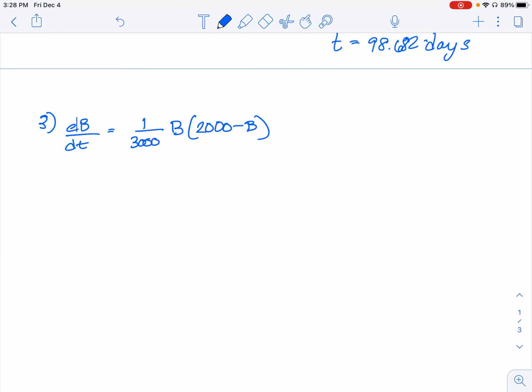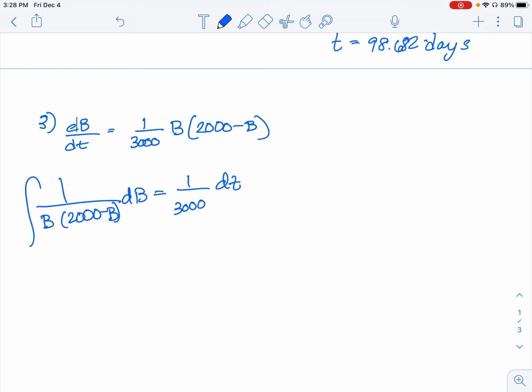And if you separate, and actually I'm going to rewrite this, this is going to be 1 over B times 2,000 minus B dB is equal to 1 over 3,000 dt.